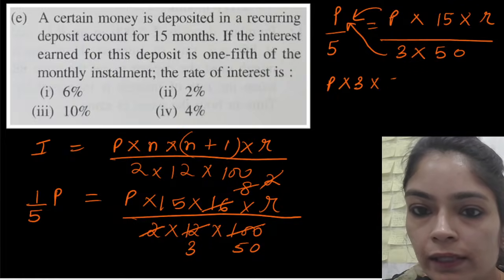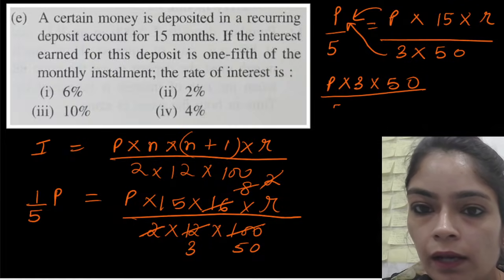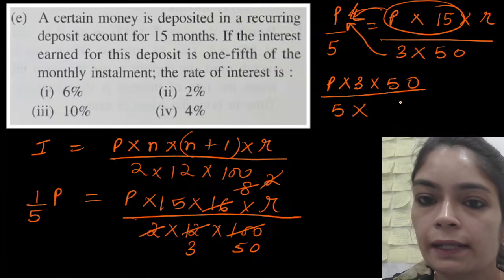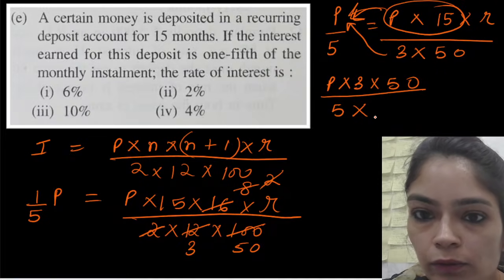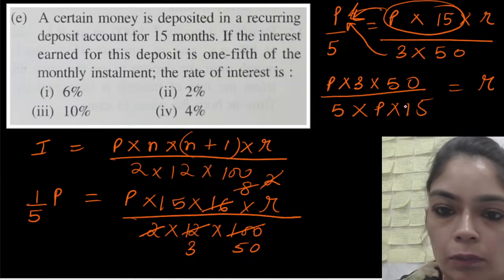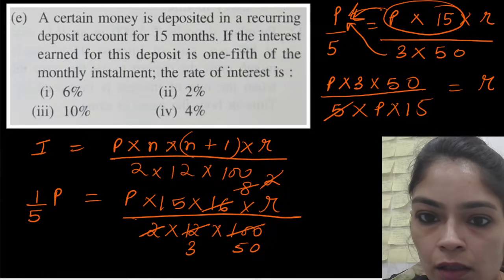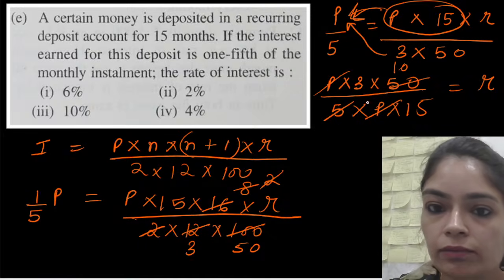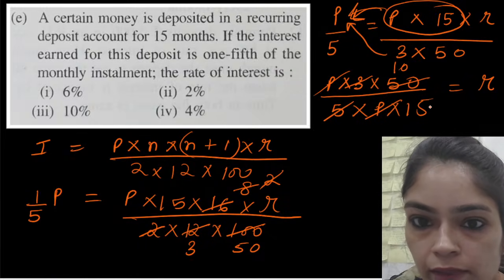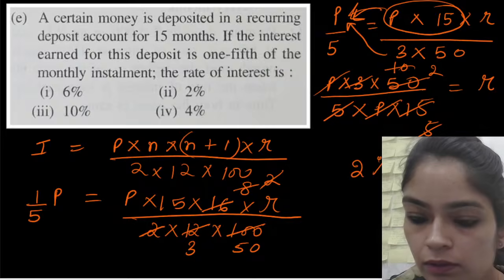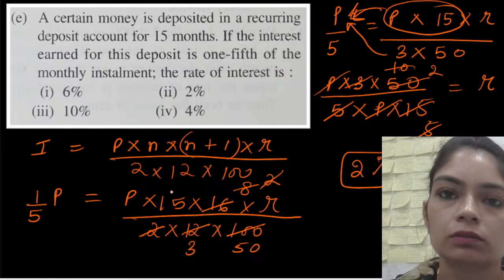So P into 3 into 50, and P and 15 come down, because they are getting multiplied with R. So 5 into P into 15 equals R. P and P we can cancel. 5 and 50 we can cancel, 5 into 10, and this also we can cancel, 5 into 2. So R is equal to 2%.